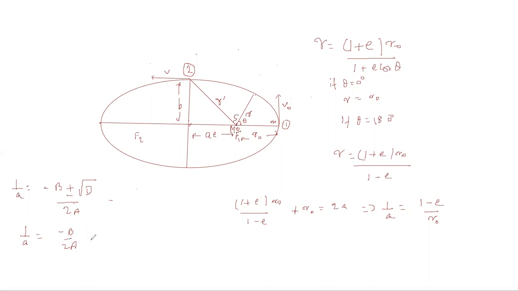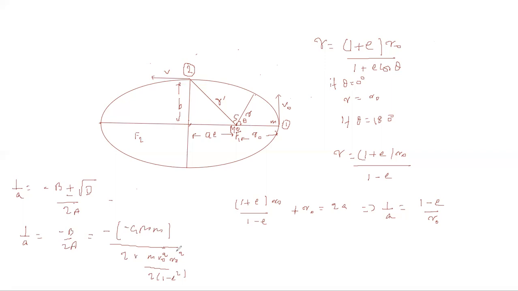So from that equation, if we substitute the coefficient B of the quadratic equation and A of that same quadratic equation, we'd be having minus of minus G M M over 2 into M V naught square R naught square, over twice into 1 minus E square.